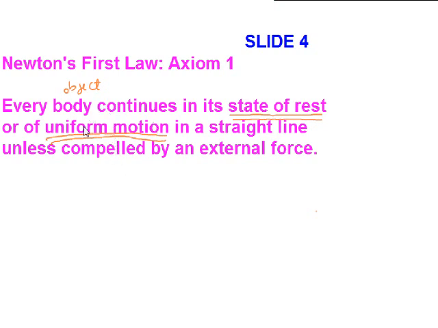Though this appears to be a simple looking statement, it defines what we mean by equilibrium. Equilibrium, as inferred from this axiom 1, is either a state of rest, not moving at all, or moving with constant velocity along a straight line.